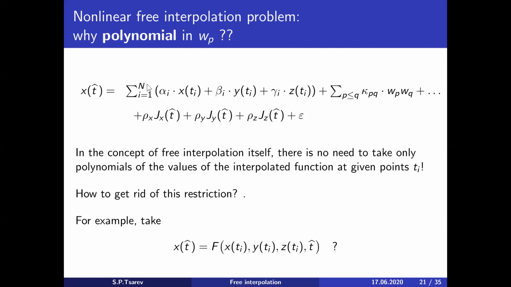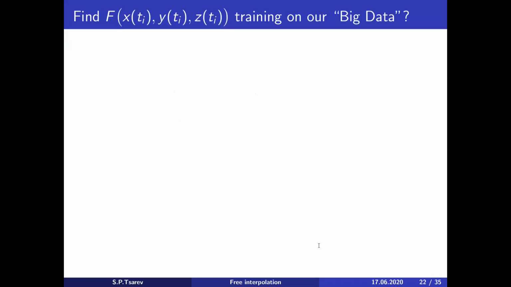We have n points, 3 coordinates for each, so we have 3n plus 1 arguments for f. At the least 6 coordinates and 1 target point t hat. So is it possible to train somehow our model and obtain an absolutely free form interpolation? Is it possible to do?